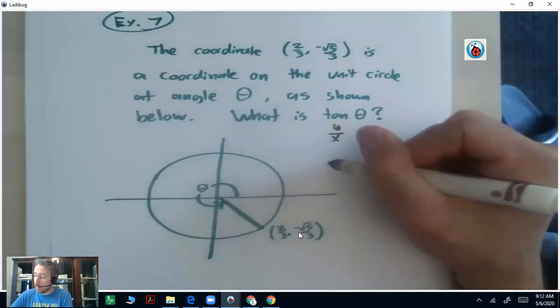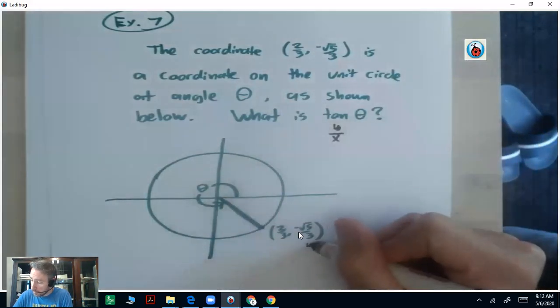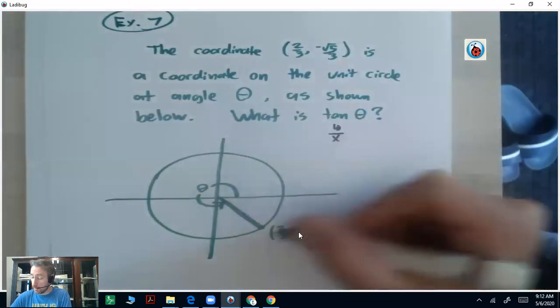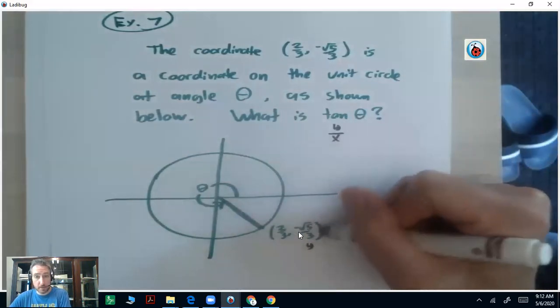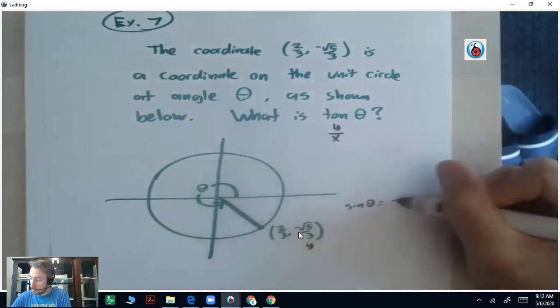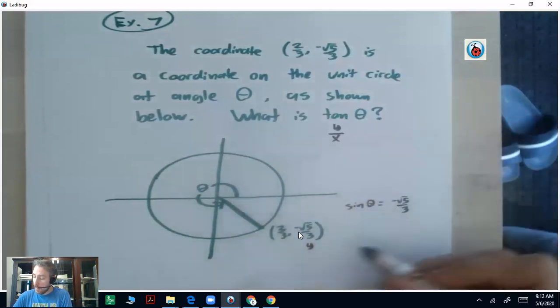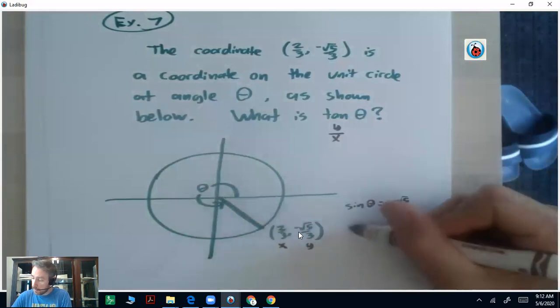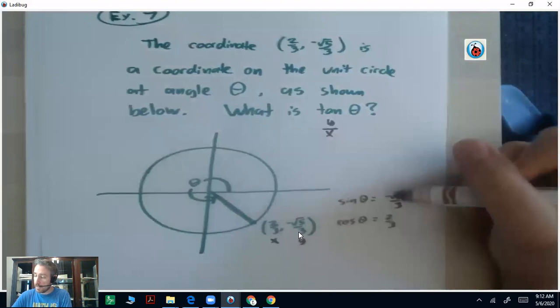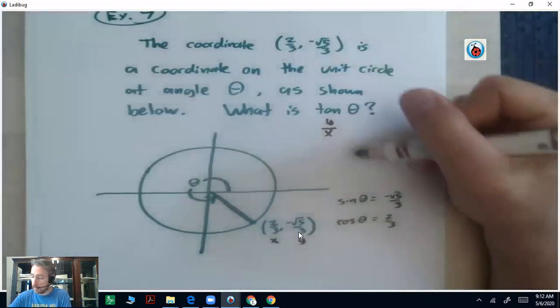And so I know that the y value is the negative square root of 5 over 3. So the sine of that angle is negative square root of 5 over 3. And then I know the cosine is the x value, so the cosine of that angle is 2/3. So I just got to divide those two numbers to get the tan.